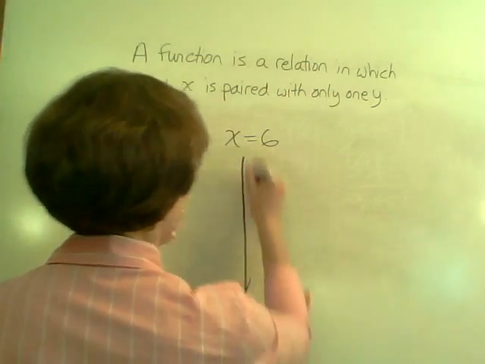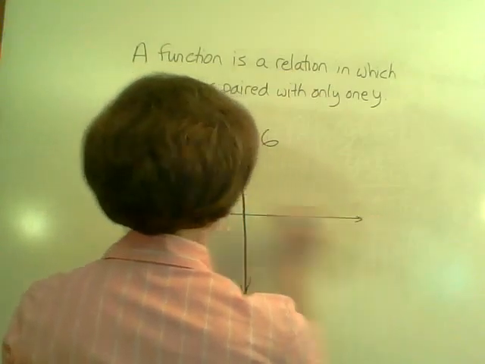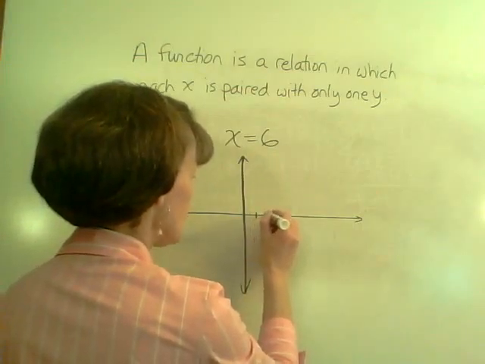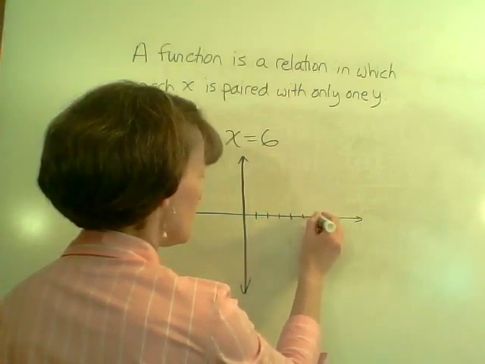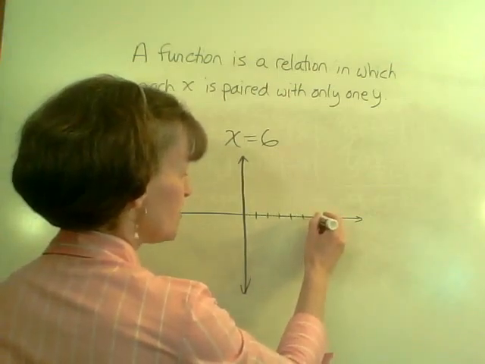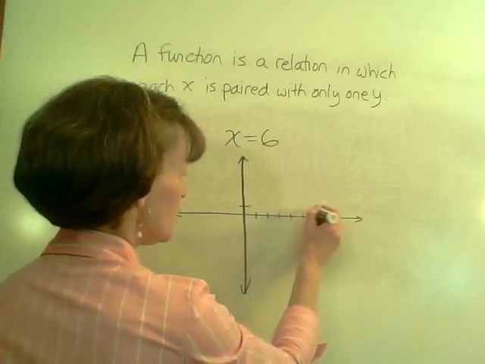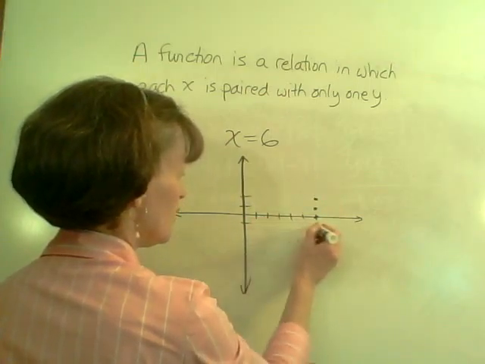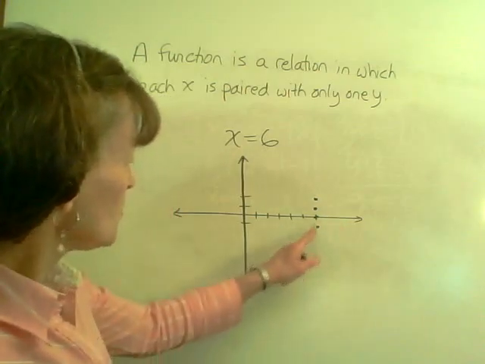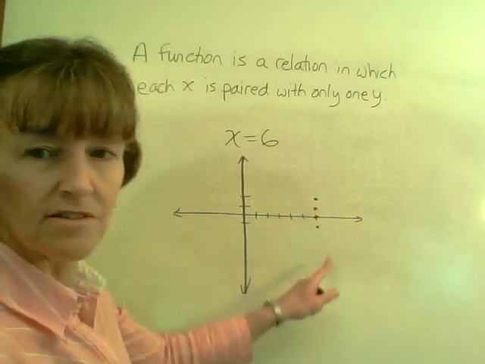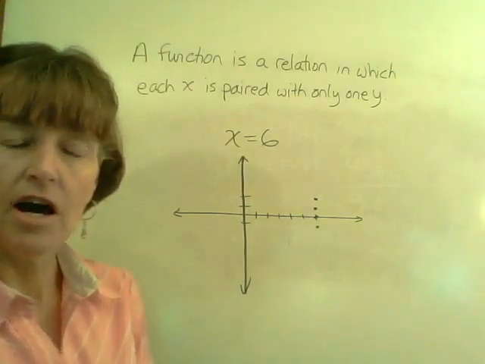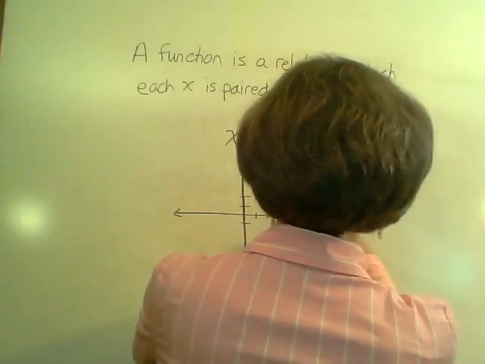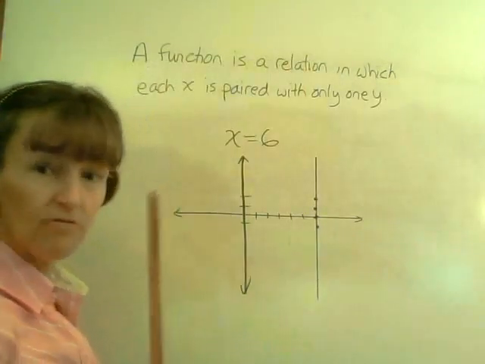When I look at what the graph for this equation looks like, I want to know, where is x equal to 6? 1, 2, 3, 4, 5, 6. x is equal to 6 here, and here, and here, and here. You see, all of these points have an x coordinate that's 6. And so if I connect these and draw this pattern, then I have a vertical line.